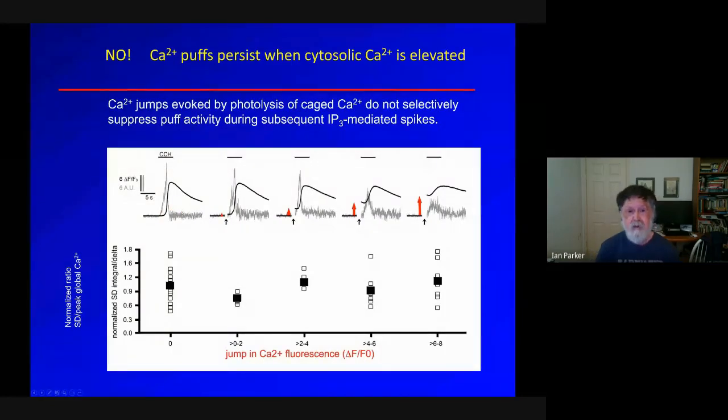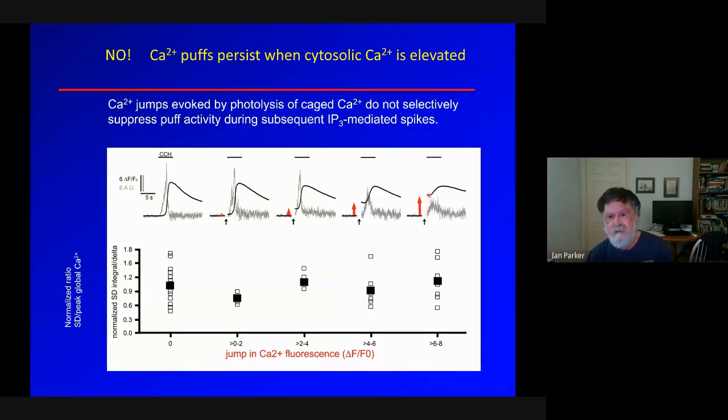But what we're doing in this experiment, we loaded the cell with caged calcium, so we could then give a preceding UV flash, elevate the basal calcium level before we apply the carbachol.